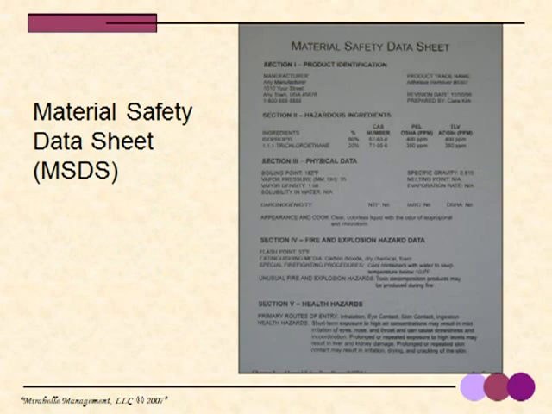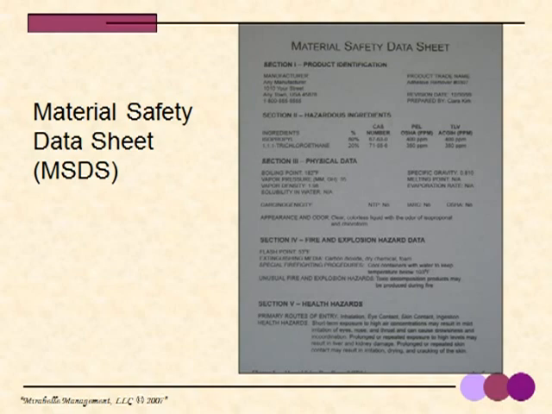This is an example of a material safety data sheet, which is required by OSHA. Your organizations may look a little different, but they are required to have an MSDS on all hazardous chemicals and products.